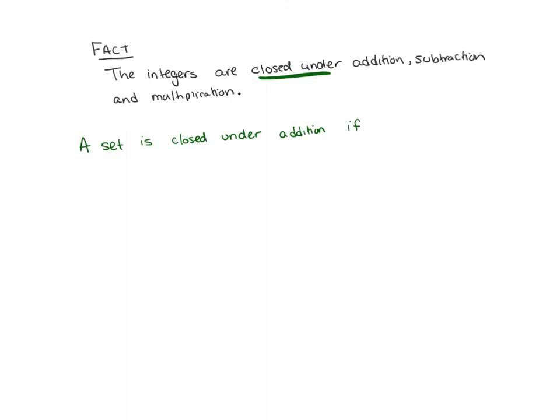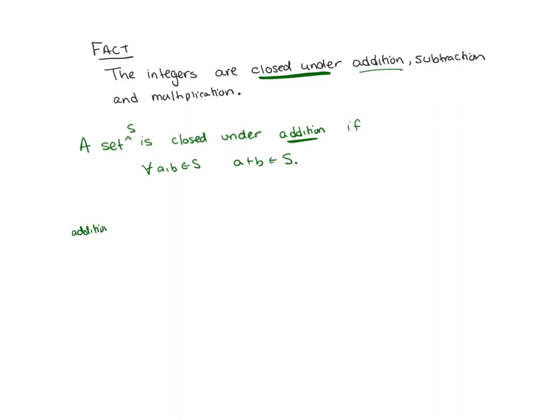If for all A and B in a set S, the sum of those, because I'm thinking about addition, is also in S. So what it means is that the integers are closed under addition.